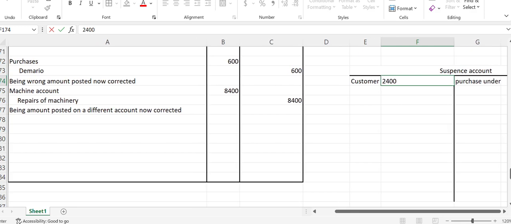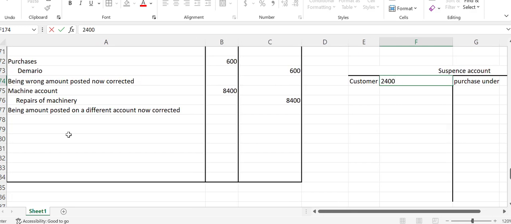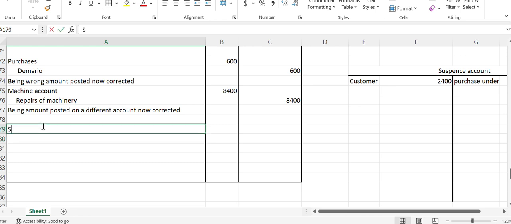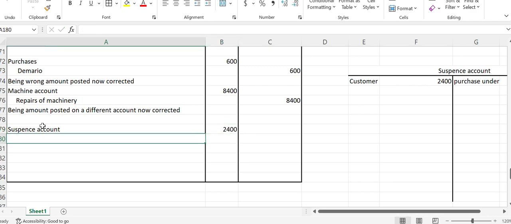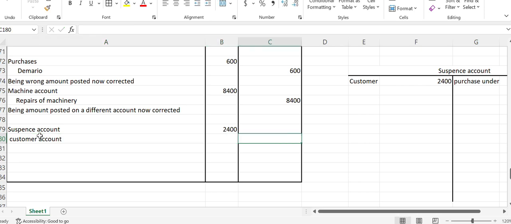Now, when it comes to the ledger, number one, suspense account, we have debited the suspense account with 2400. In terms of credit, we have credited the customer account with 2400. The 1200 was to correct the error.